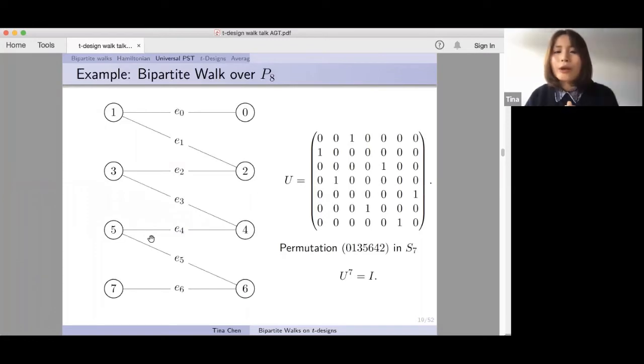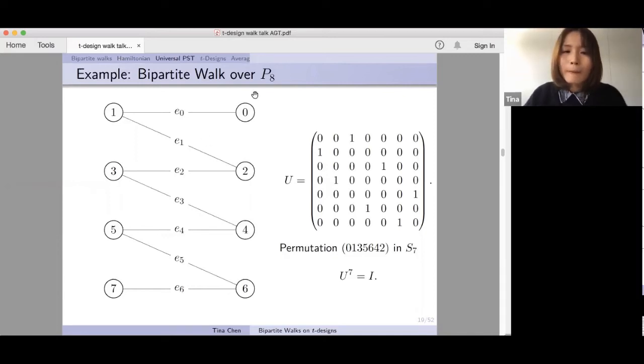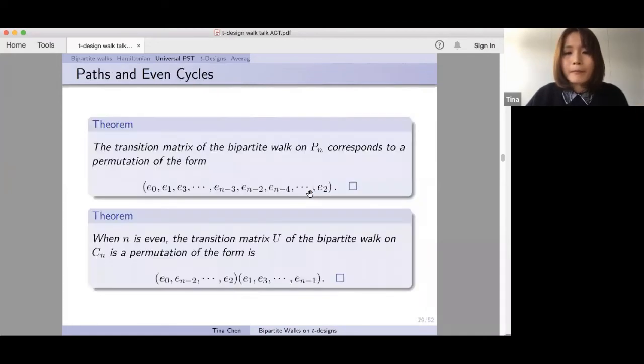Okay, right now we're going to see easy examples of our bipartite walk. That is the bipartite walk over paths on 8 vertices. And we can see the transition matrix actually will be a permutation matrix of order 7. And this is true for any paths and even cycles.